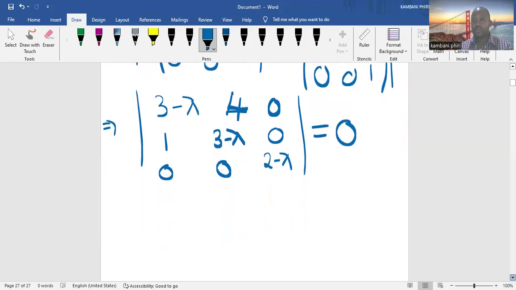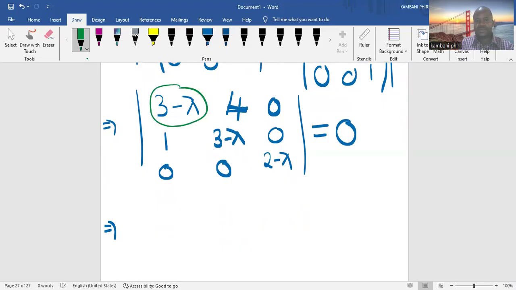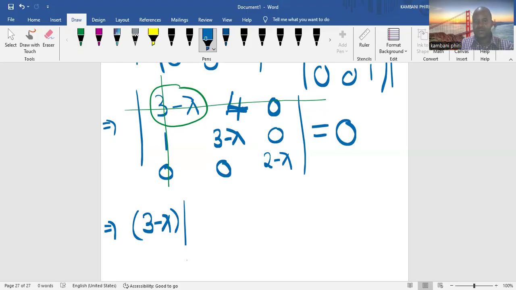Then we need to get the determinant of this 3 by 3 matrix. There are a lot of methods. Using the first row, I'm getting rid of the first row and first column, so I'll have 3 minus lambda, then the determinant of 3 minus lambda, 0, 0, 2 minus lambda.